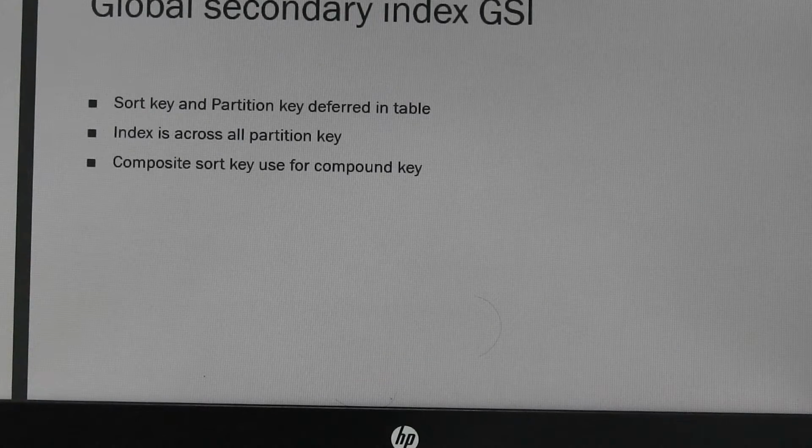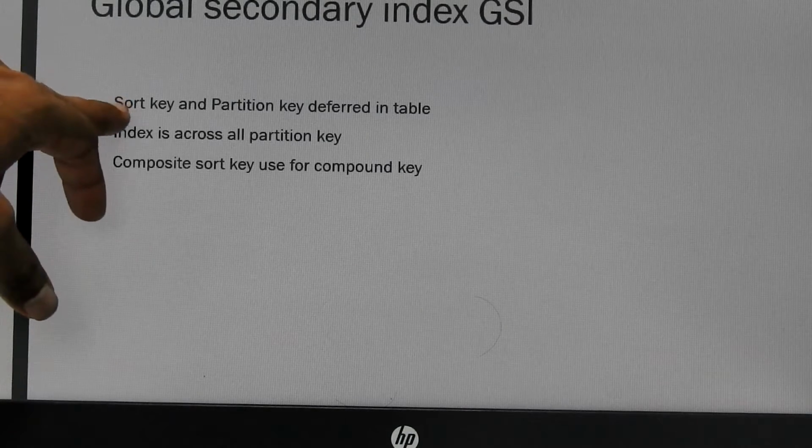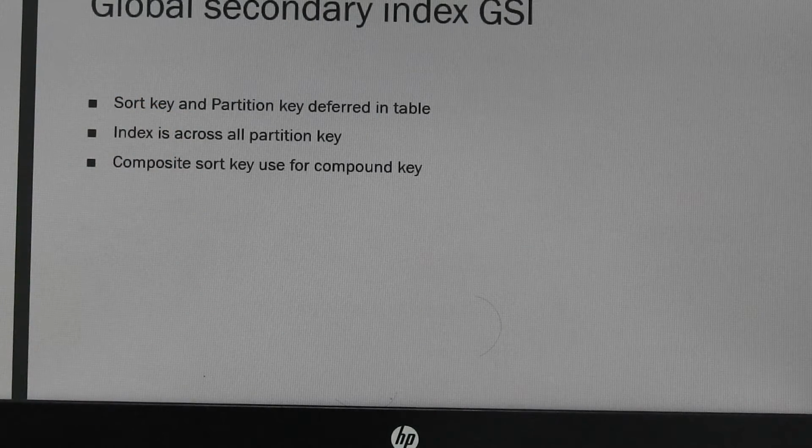Global secondary index table. When we are discussing the global secondary indexes, we call it GSI, and it is used as the sort key and the partial key. It is completely different. We are maintaining a sort key and the partial key differently, and the index gives cross access for all partial keys.